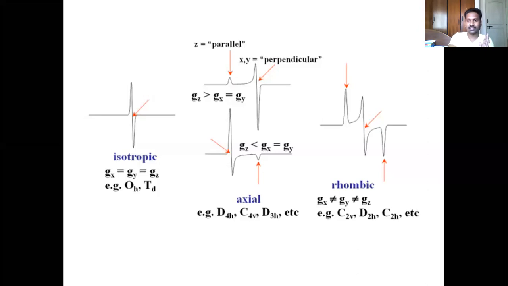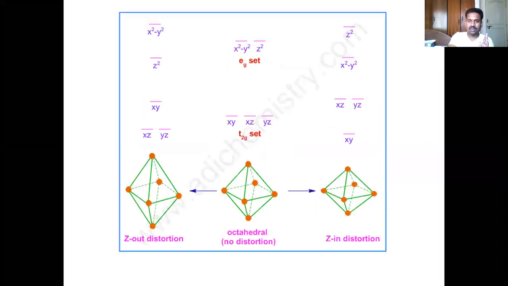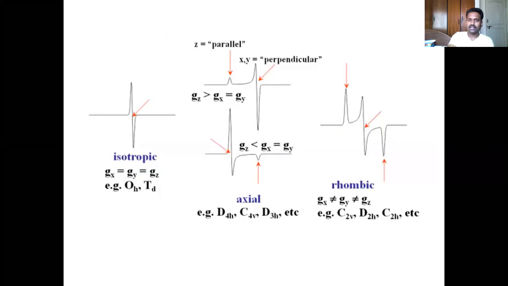Jahn-Teller distortion, Z out. Let us check. Yes, because in Z out, dz square is the lower energy orbital. Therefore, dz square has two electrons, and GZ has become more. So this spectrum should correspond to Z out distortion.